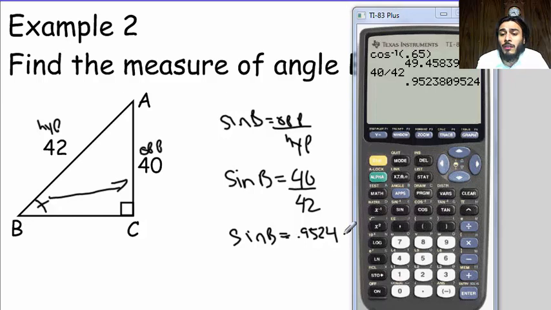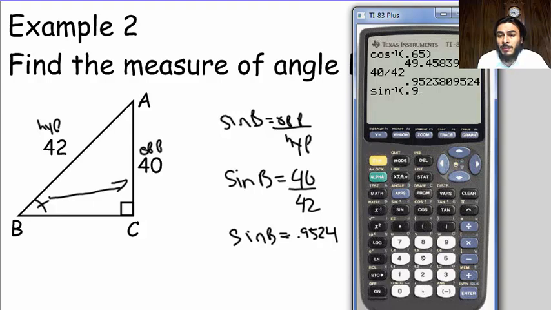So we round this to 4 decimal places, and now we got to do the opposite of sine. We got to do the inverse of sine. So we're going to do second sine of 0.9524, and we get approximately 72.3 to the nearest tenth.